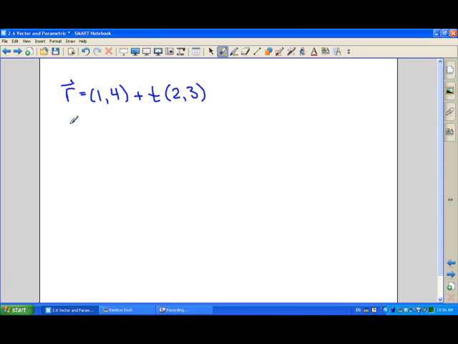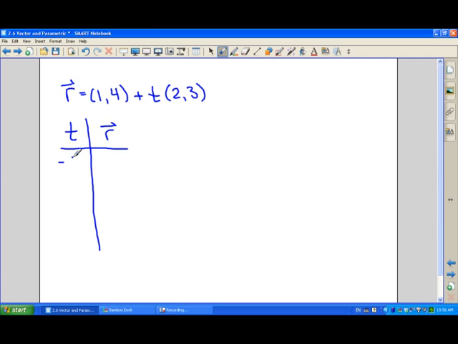I can imagine a table of values for my parameter t, and then my other variable would be the vector r, and this is a vector that is starting at (1, 4) and pointing to a certain direction.